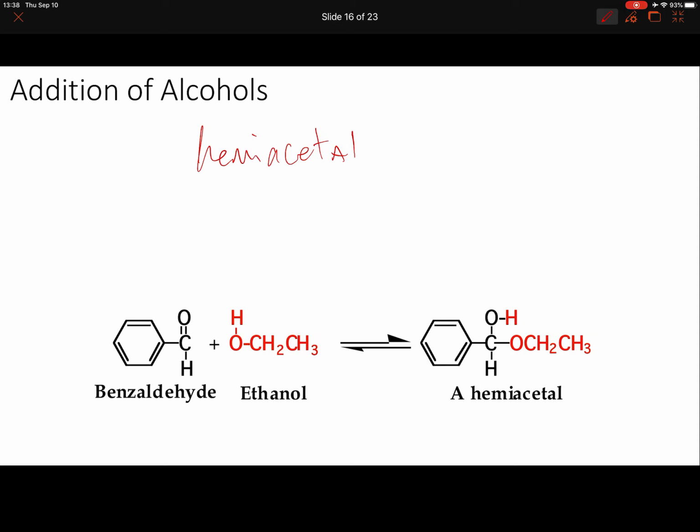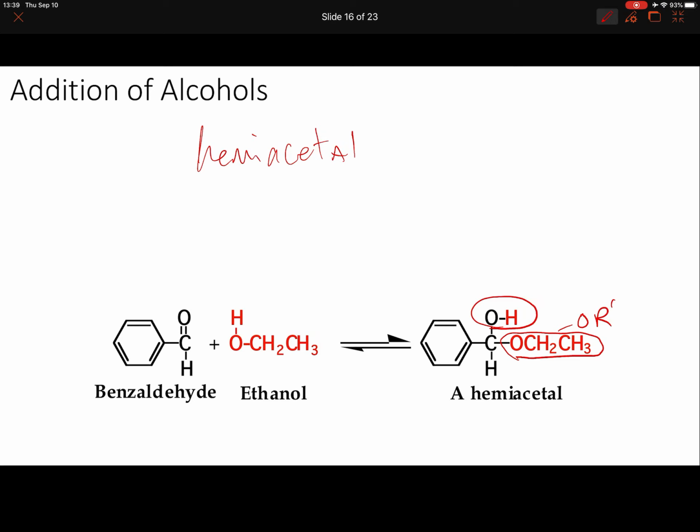So essentially, it needs to be a carbon that has an OH on it and an O-something else on it, OR is a good abbreviation. It just has to have an R, which is more carbons, some branch of carbons. That's a hemiacetal. So these happen from aldehydes and ketones.